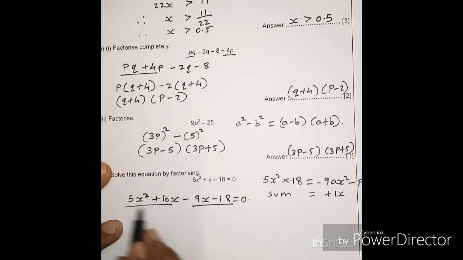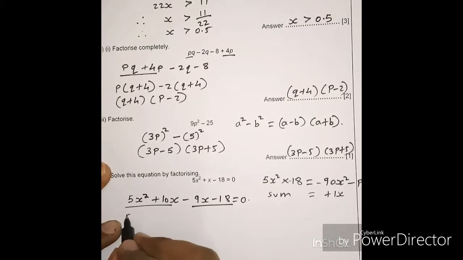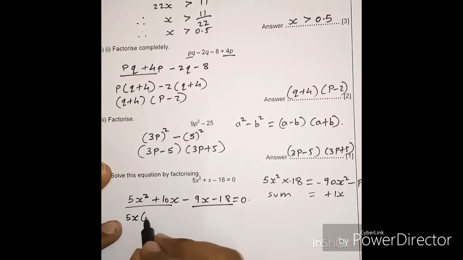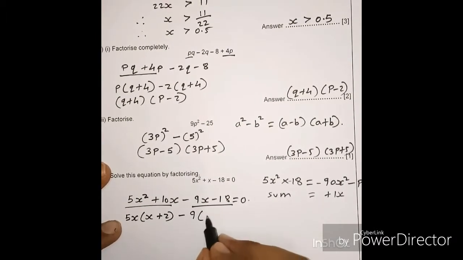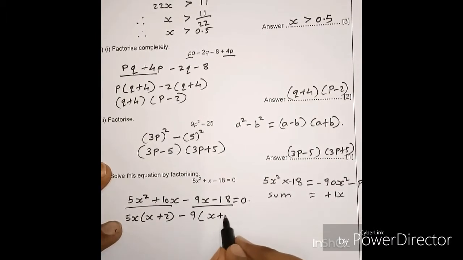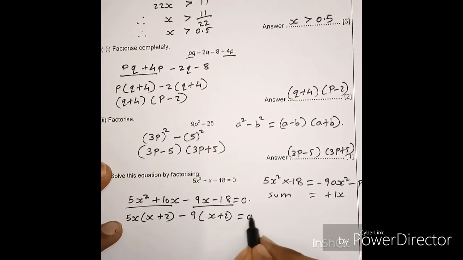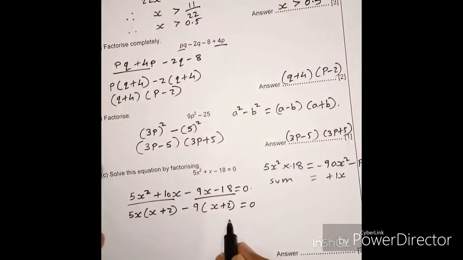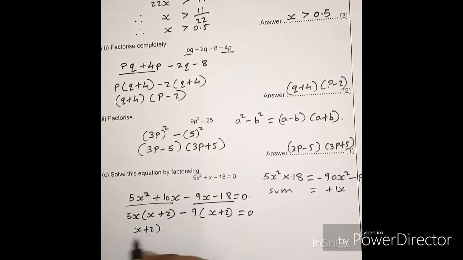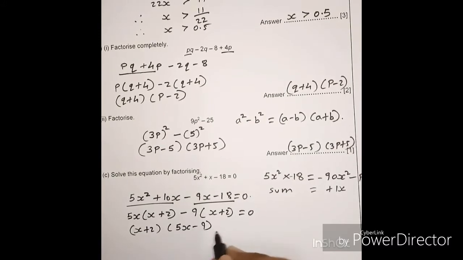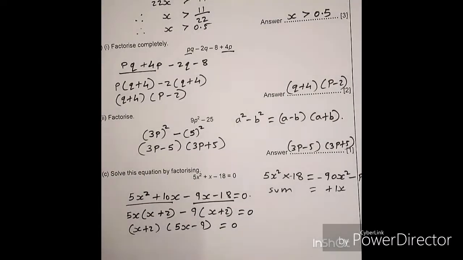Now I will be taking 5x common from these two terms, and in the bracket I will remain with x plus 2, and in this term I will be taking minus 9 common and I will remain with x plus 2, which is equal to 0. Now from this whole term I will be taking x plus 2 common and I will remain with 5x minus 9, which is equal to 0.